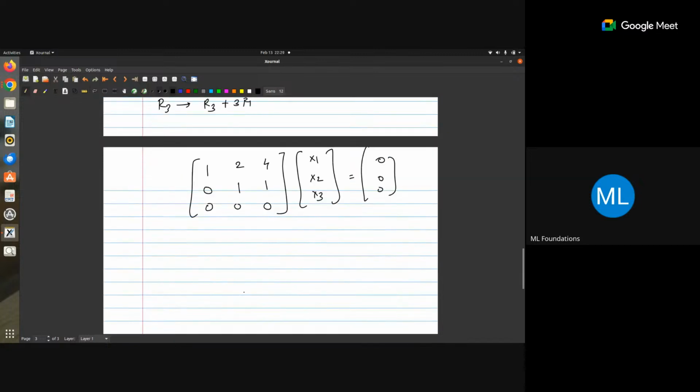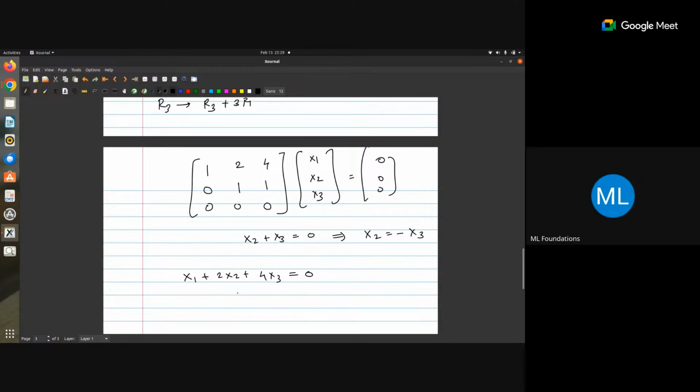So we'll have to solve this equation. So what is the equation then? x2 plus x3 equal to 0. That gives me x2 equal to minus x3. And then x1 plus 2x2 plus 4x3 equal to 0.